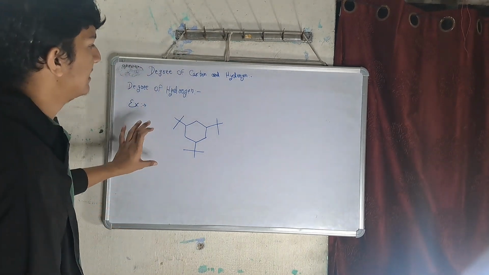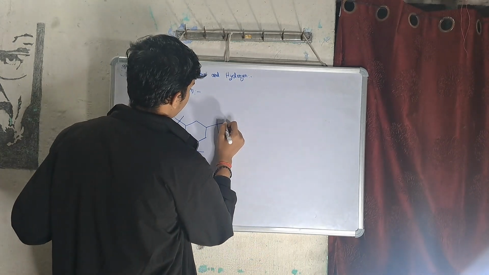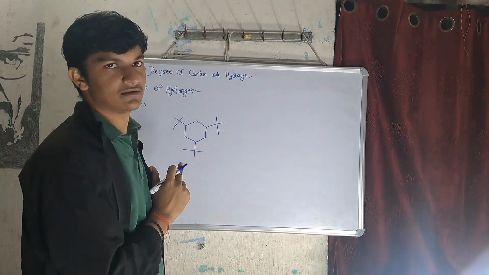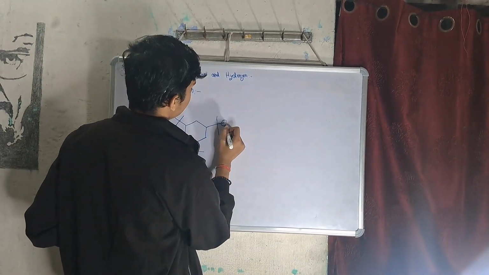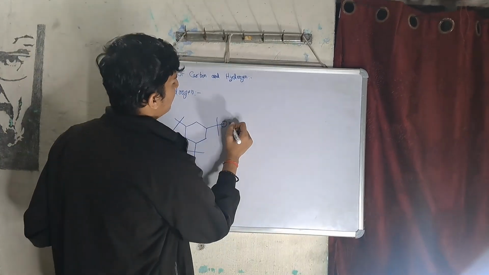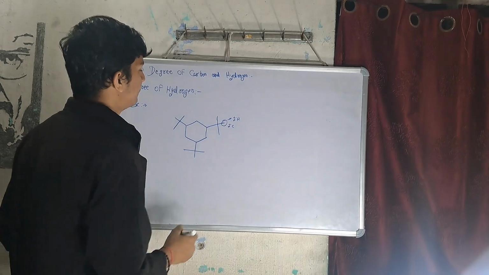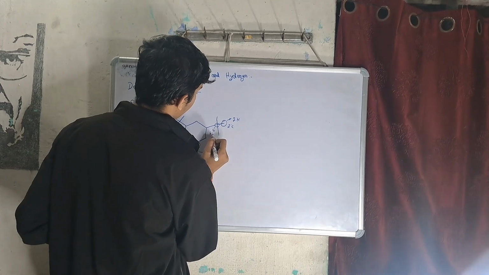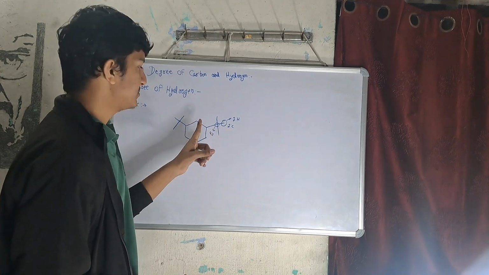Let's take the next example. Let's consider this example and calculate the hydrogen degree. This carbon, as we see, is connected to 1 carbon, so 1 degree carbon, and the hydrogen is also 1 degree hydrogen. This carbon is a 4 degree carbon, but as the carbon valency is fulfilled, there is no hydrogen present.